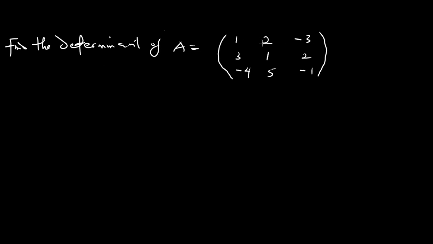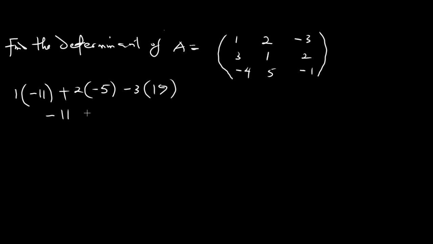So if you are expanding along the first row, we'll just have 1 multiplied by the answer we got for A11, that is negative 11, then plus 2 multiplied by the answer we got, that is minus 5, then minus 3 multiplied by the answer we got, that is 19.